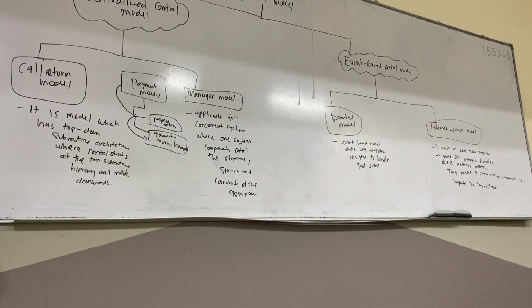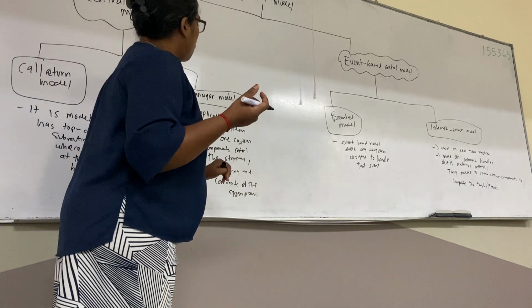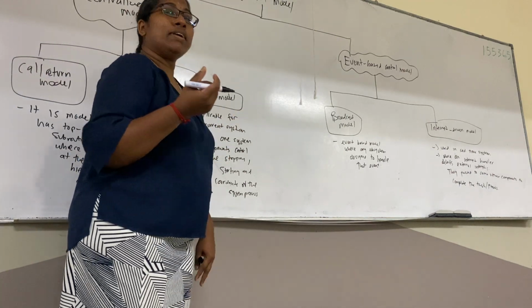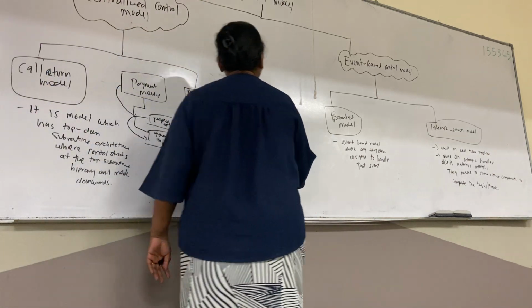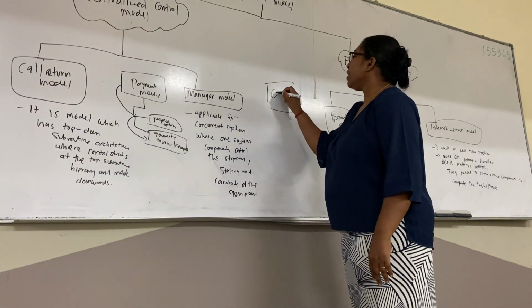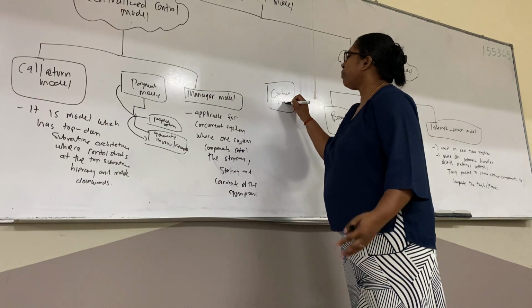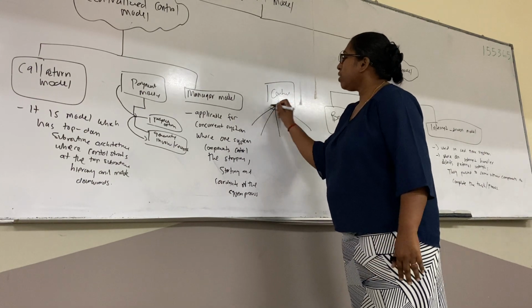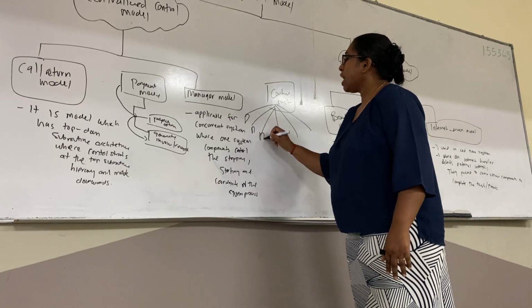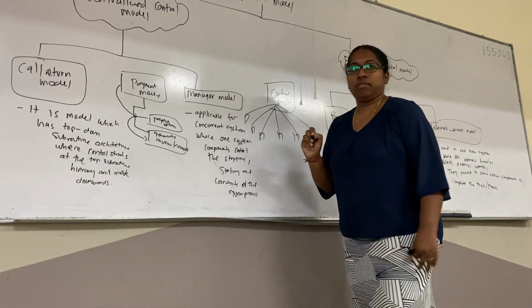Understand? Okay. The next one is the manager model. The manager model is very suitable if you have a concurrent system. That means, for example, you have a centralized printer and system which is used concurrently by many people.